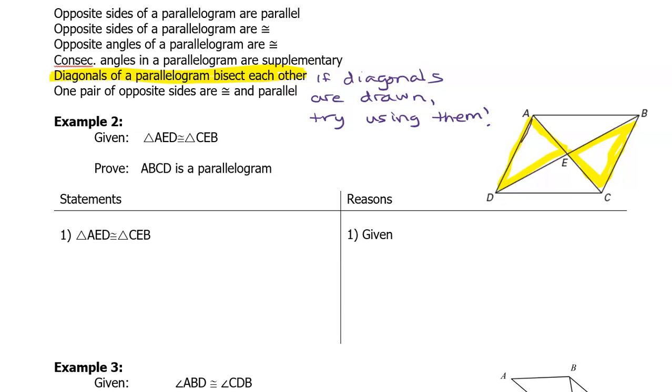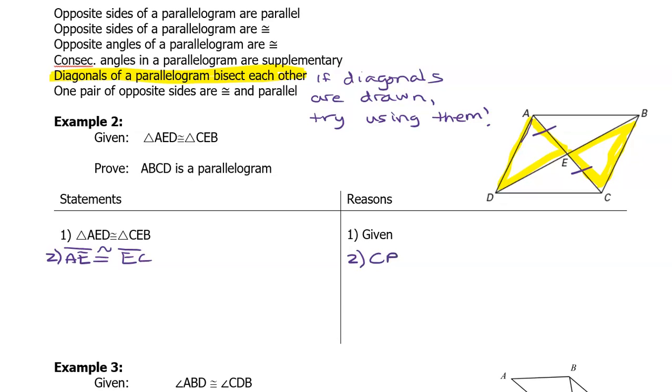And we can actually say that in step 2. So in step 2, I could say AE is congruent to EC. And so why can we say that? Because we don't know yet that the diagonals are bisecting each other because we don't know that this is a parallelogram yet. But what allows me to say that AE is in fact congruent to EC?